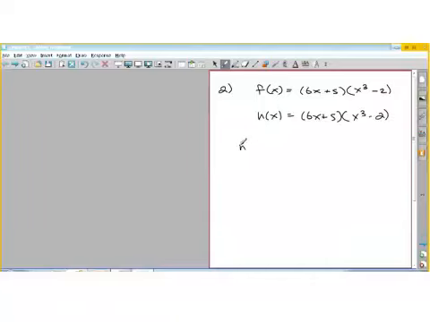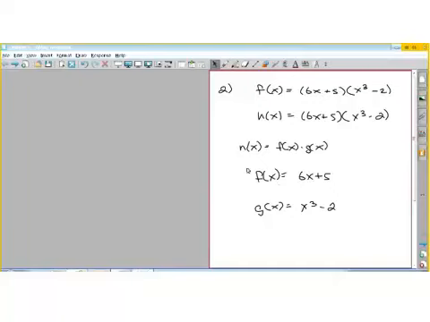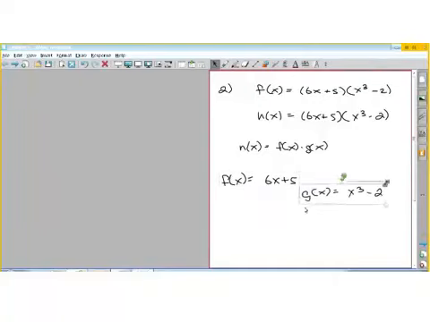So if I have h of x, which in this case is a product of 2 functions, f of x times g of x, where I'm going to say f of x is the first part, 6x plus 5, and g of x is the second part, which is x cubed minus 2. Actually, I think I'm going to put them like this so they're next to each other.